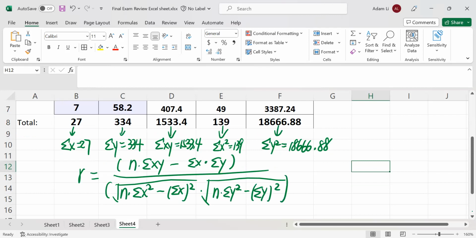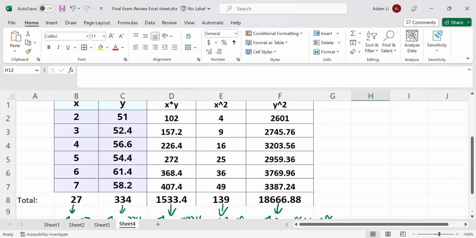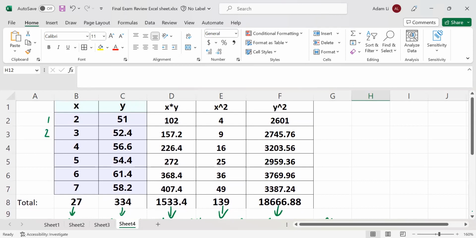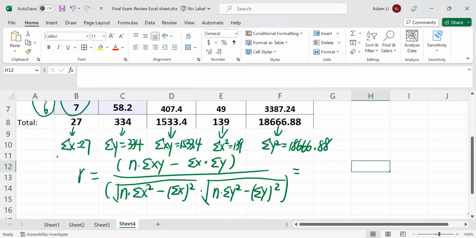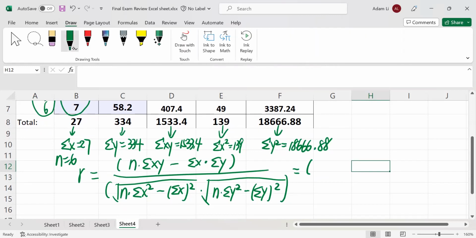Now from here, we're going to throw in all the numbers, right? Again, the sample size here, 1, 2, 3, 4, 5, 6, right? 6 numbers. 6 numbers here. So sample size equals 6. That's awesome. Now so all the numbers go into the different color here.